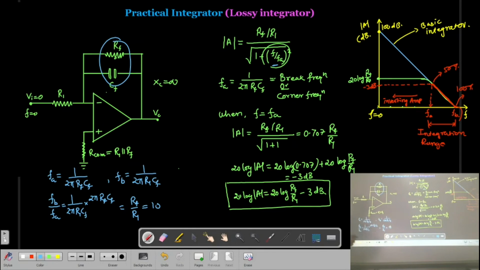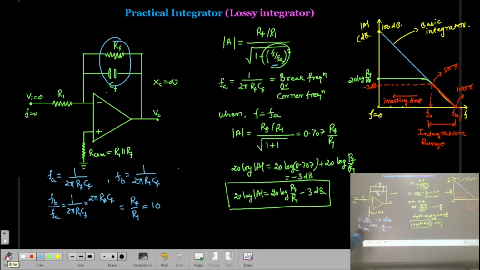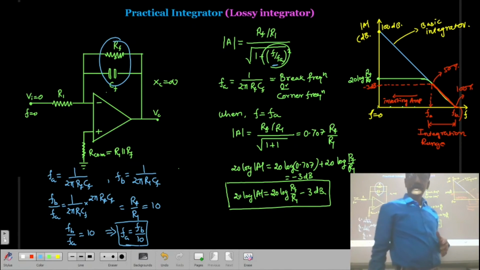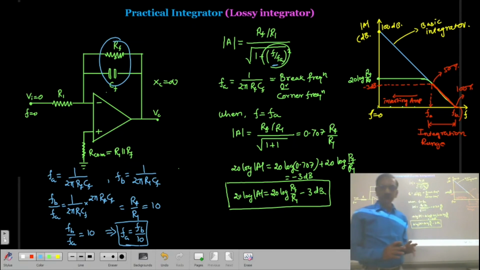And from that we can say what the relation is. So FB by FA is equal to 10, and this indicates that FA must be equal to FB divided by 10. So FB frequency must be 10 times higher than the corner frequency FA. And this formula will be useful when you are designing the integrator circuit.